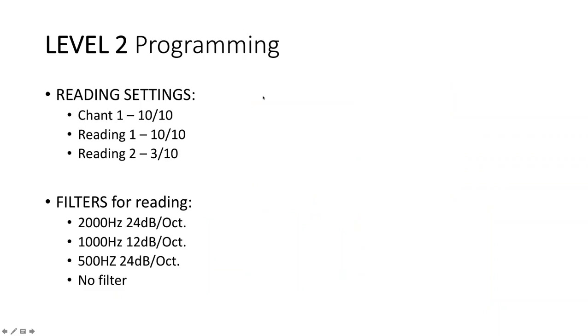So remember that on level 2, we have different reading settings, which are Chant 1, Chant 2, reading 1, and reading 2, with different speeds. Remember that chant is used to repeat musical phrases, to sing, to repeat Gregorian, for example.